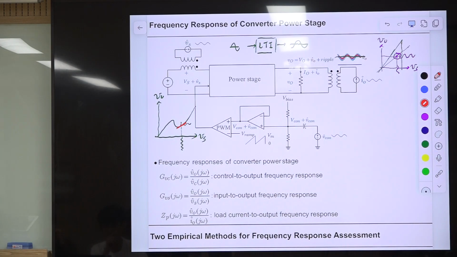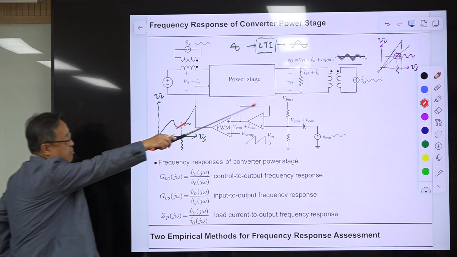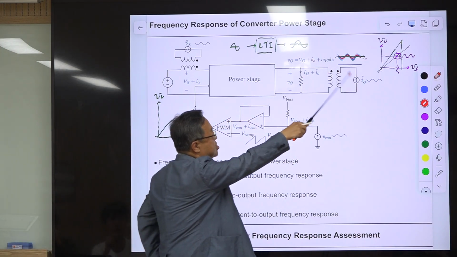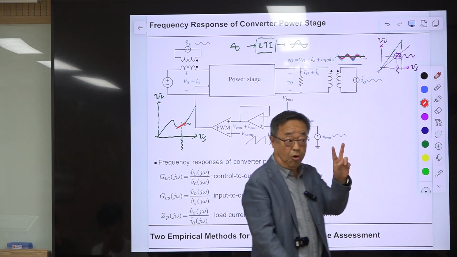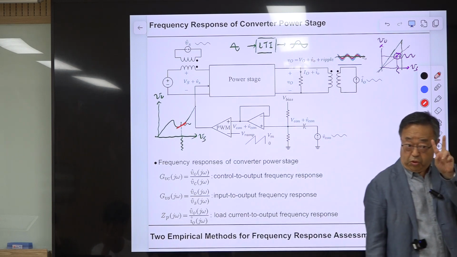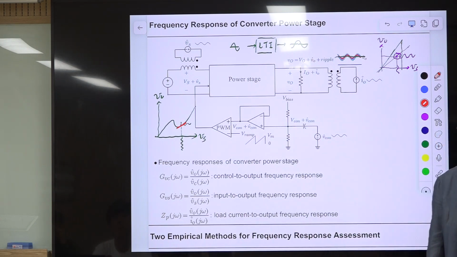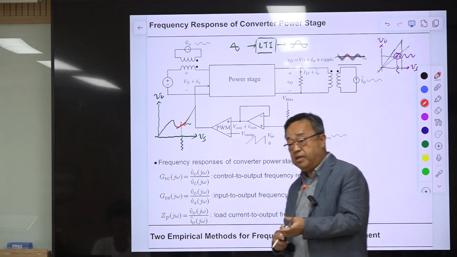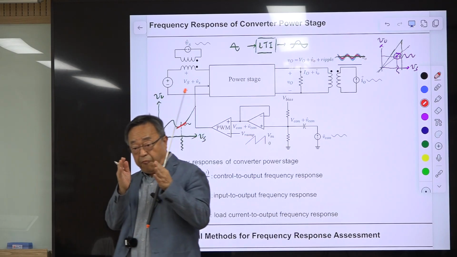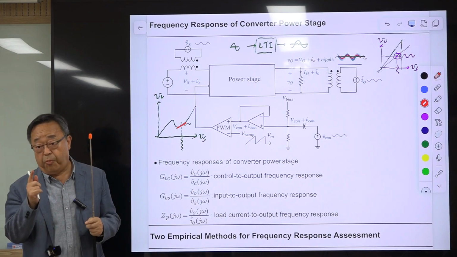Okay. To get something similar to this, we need two approximations or two procedures. One is elimination of the ripple component, which is done by the averaging process, and the other one is we just localize the dynamics of this one in the very close vicinity of the operating point.